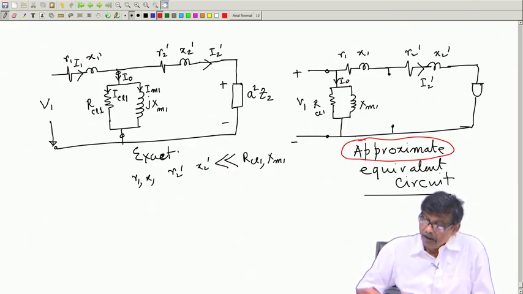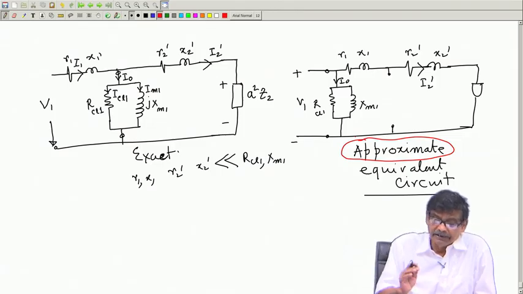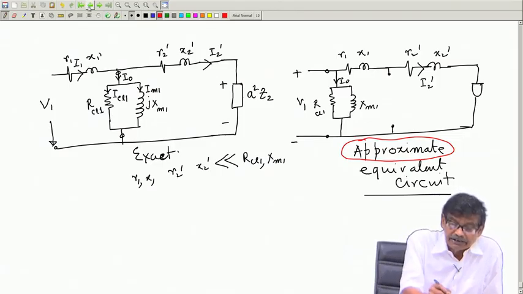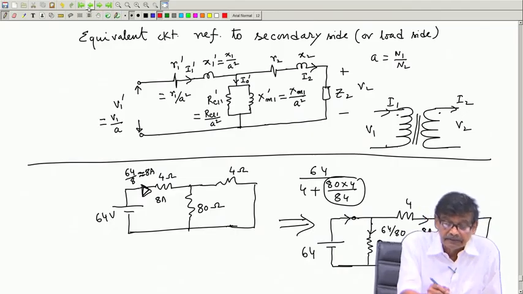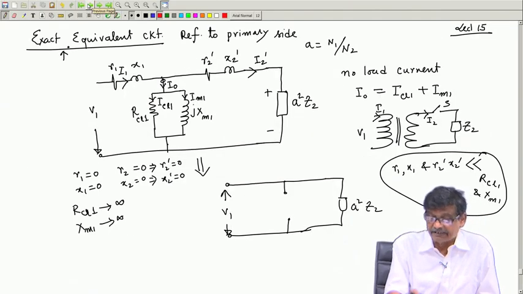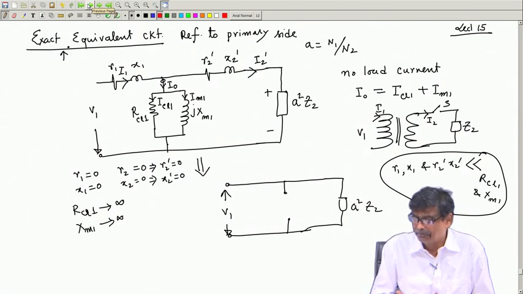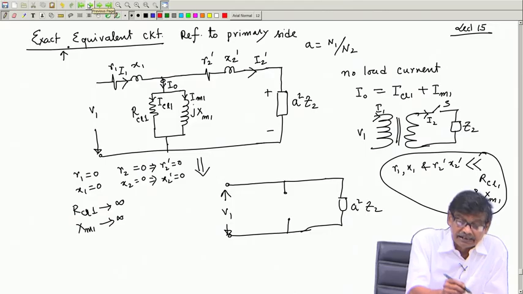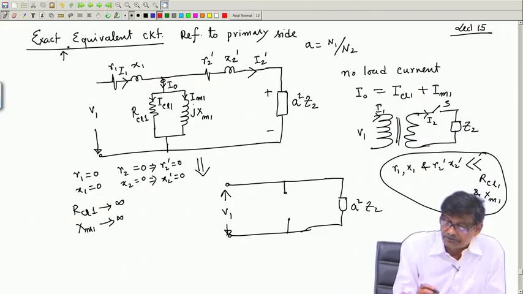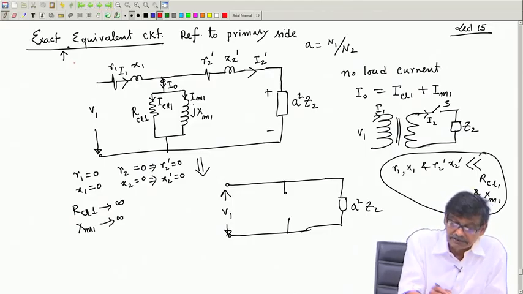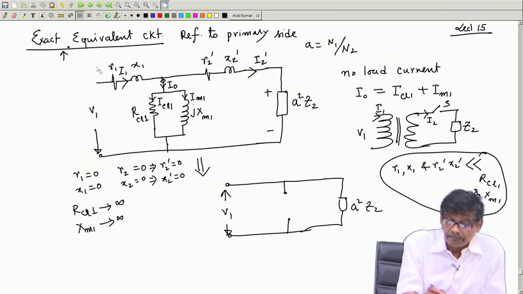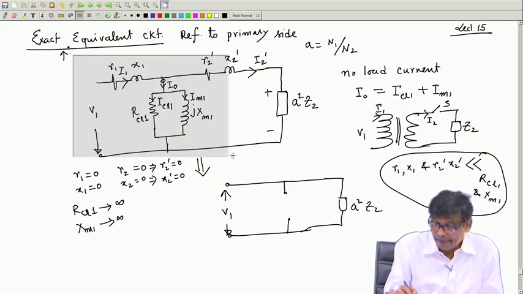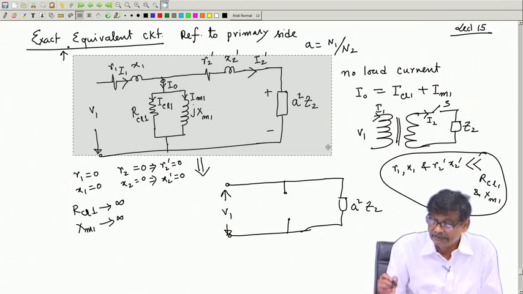Acha. Now, I will come to the phasor diagram, which I have not drawn for this circuit. For example, I will draw it once; you in fact can avoid that after learning the approximate equivalent circuit, but nonetheless let me at least draw the equivalent circuit of this exact transformer.